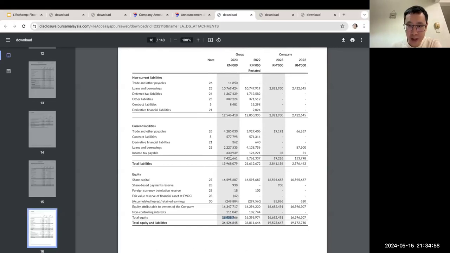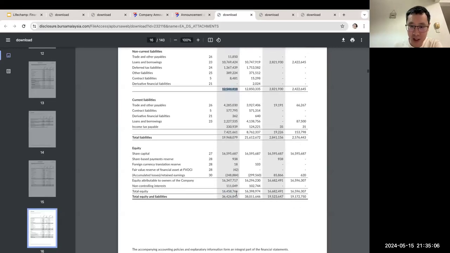We take the non-current liability figure, 12,546,418, and divide it by total equity, which is 16,458,766. How many of you are getting? Type in the chat box. What kind of figures are you getting?